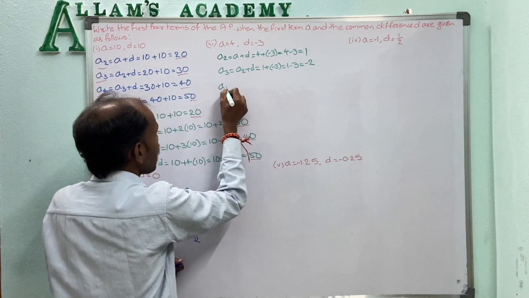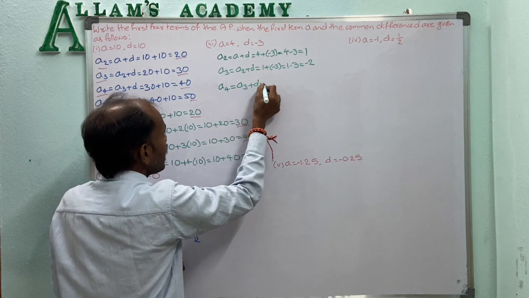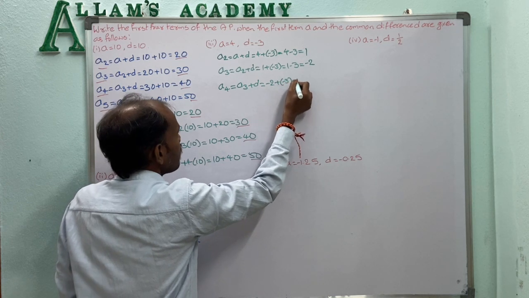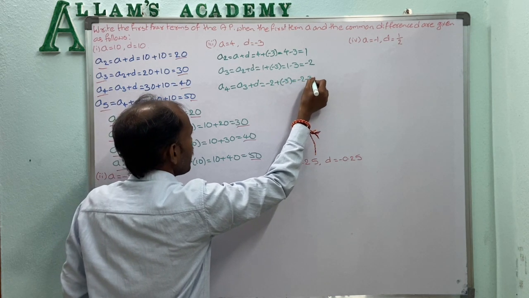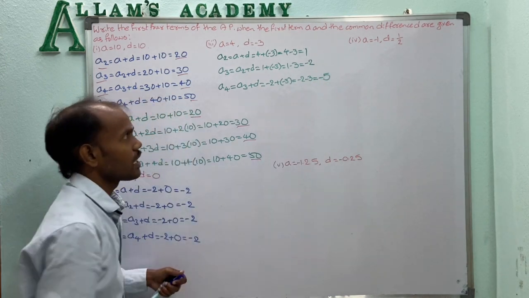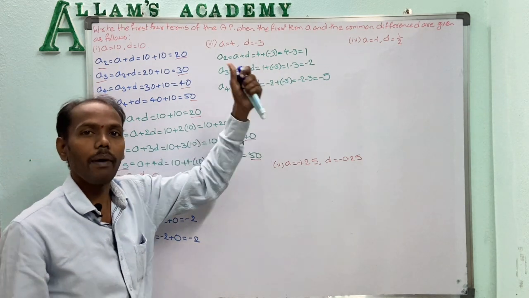Now the fourth term A4 is equal to A3 plus D. A3 is minus 2 plus of minus 3. So plus into minus is minus. So minus 2 minus 3 is minus 5. So the fourth term of the AP is minus 5.